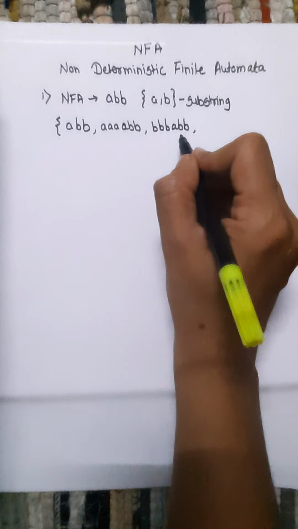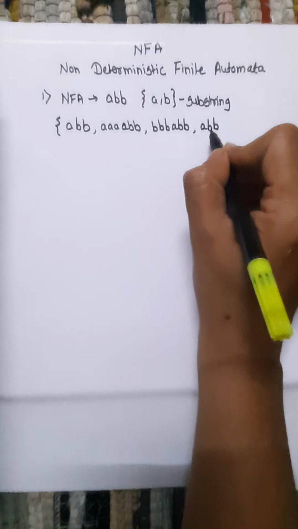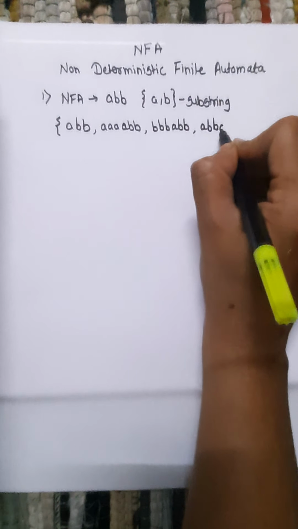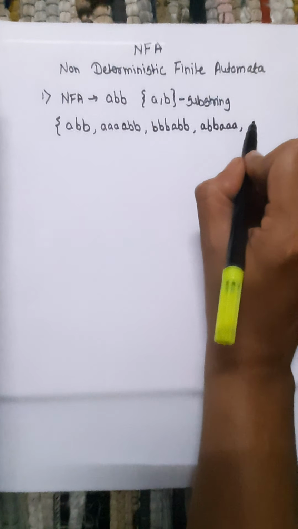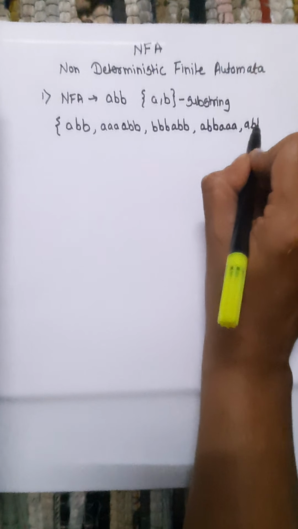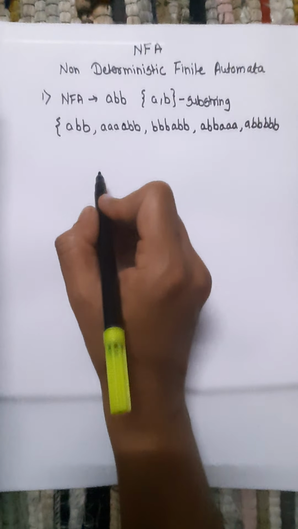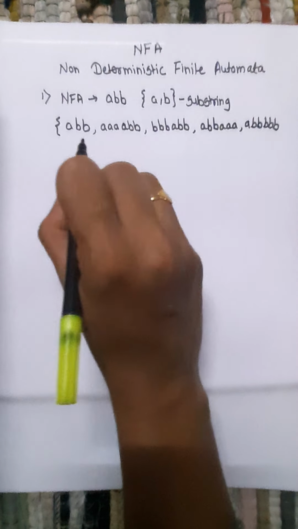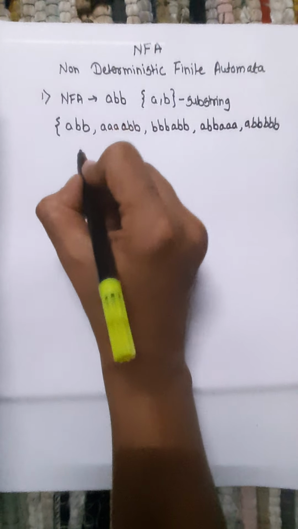Now we will do the reverse of this, like starting with ABB and ending with multiple A's. Also starting with ABB and ending with multiple B's. Now the both combinations, means what?